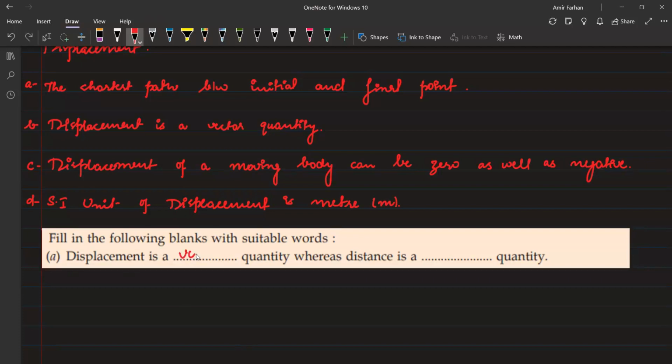This is a vector quantity, and this is a scalar quantity. I'm taking one more example.